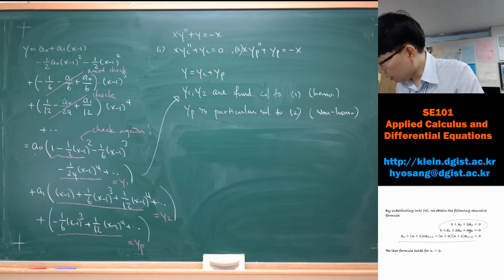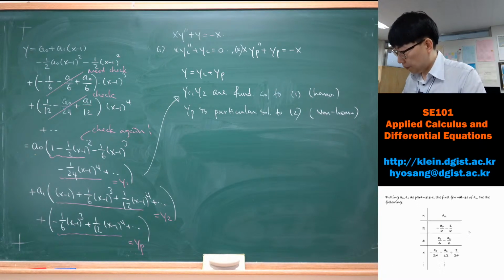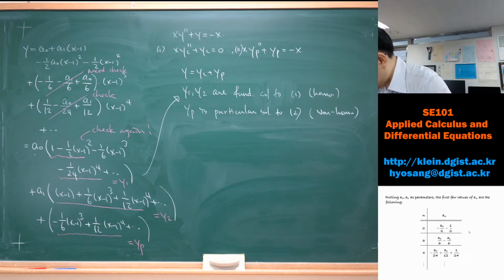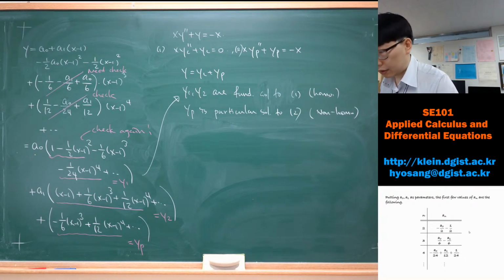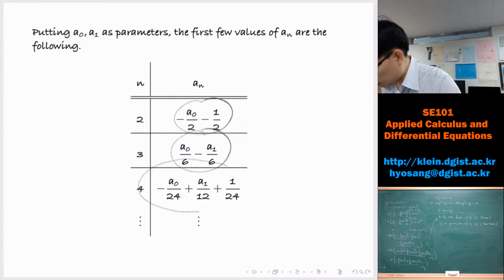Oh, by the way, yeah, n equals, yeah. All right. Yeah, I think this is the correct one. So these coefficients are correct formulas.